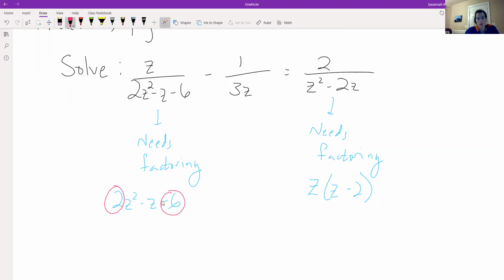There we go, AC method here. So 2 times -6 is -12. And I'm going to be clever here. I'm just going to dive right to the 2 factors. As you do more and more of these, you'll probably find yourself doing that as well. You don't have to write out a complete list.